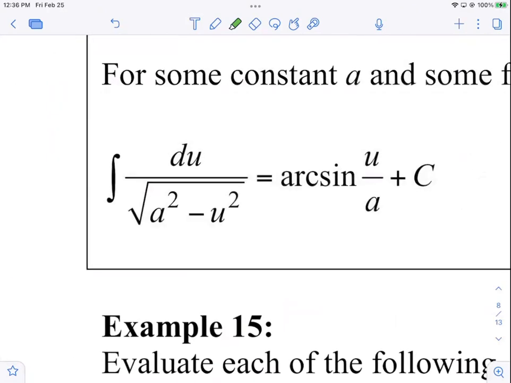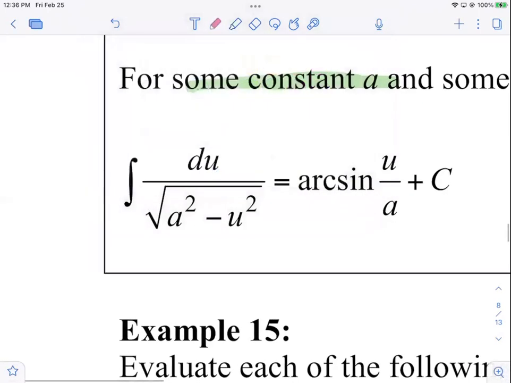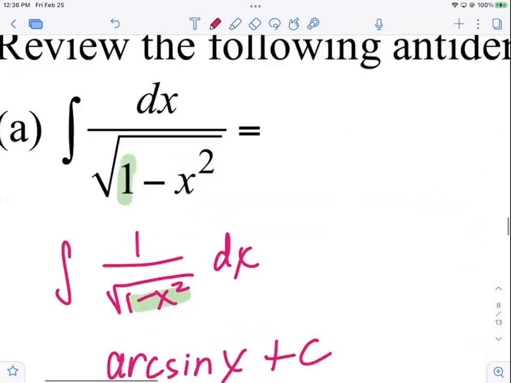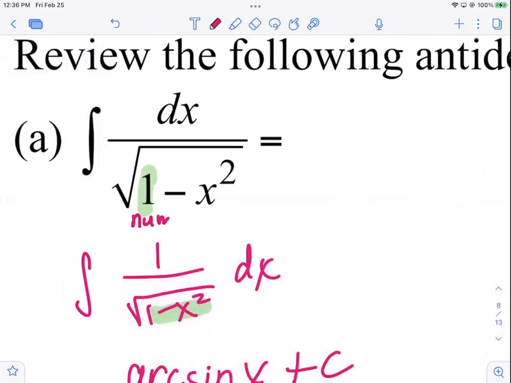So if we ever see the integral of du over the square root of a squared minus u squared, where a is just some constant, this is number minus function under the radical. Much like this one was 1 minus x squared, that's number minus function.